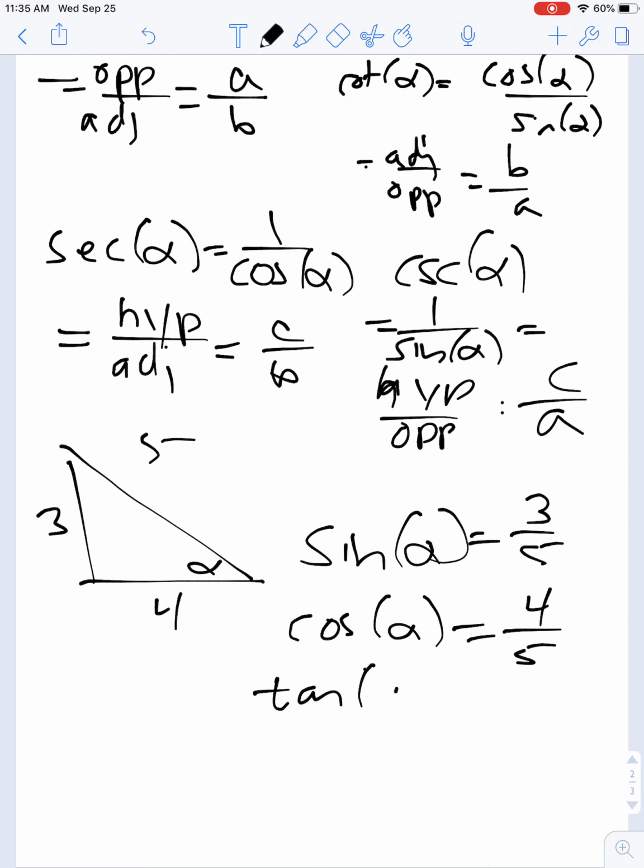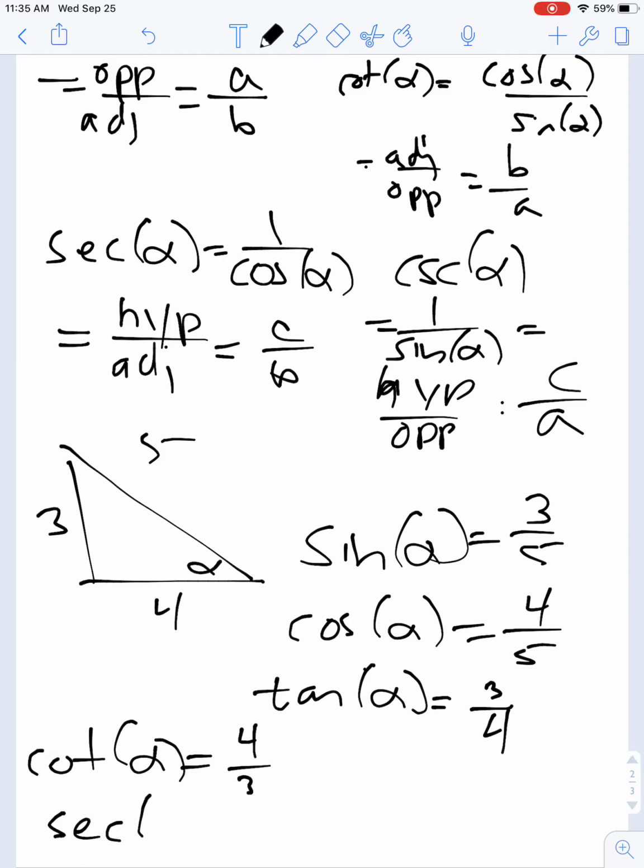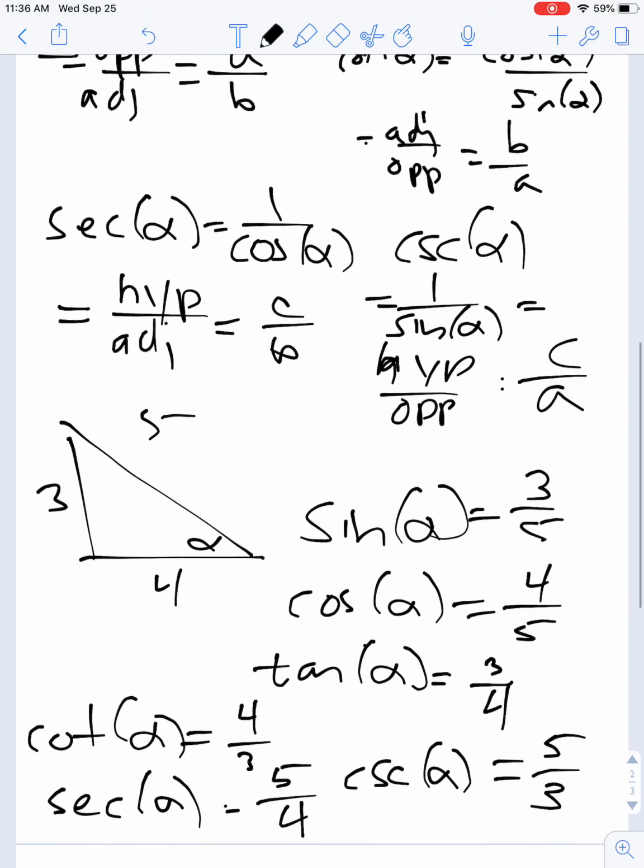Tangent of alpha is opposite over adjacent, so 3 over 4. Cotangent of alpha is 4 over 3, so I'm just flipping these other fractions. Secant of alpha is 5 over 4, and cosecant of alpha is 5 over 3.